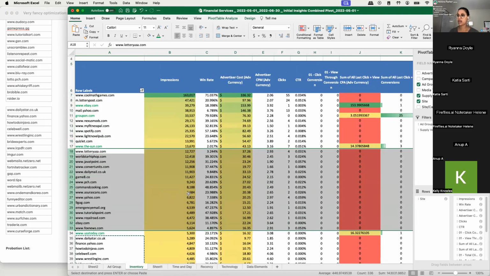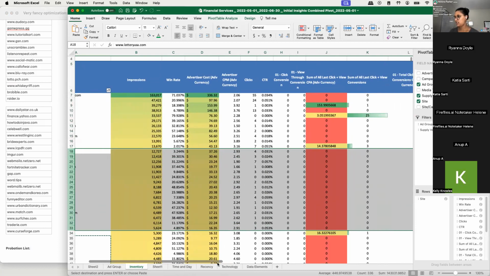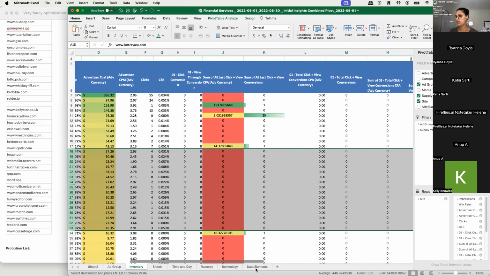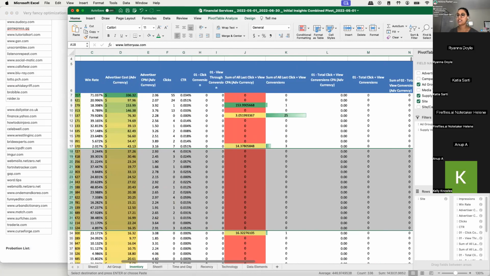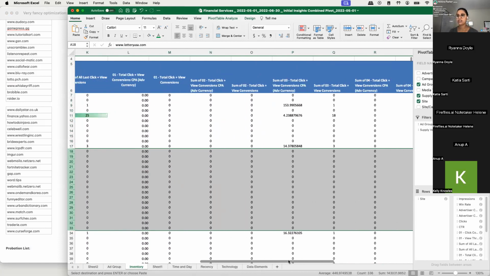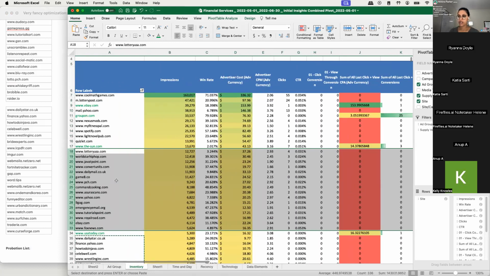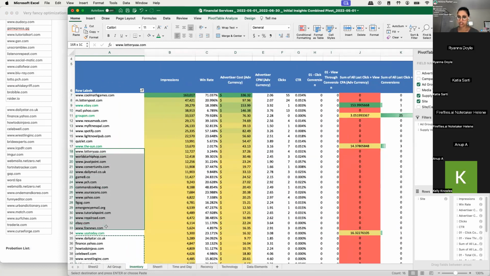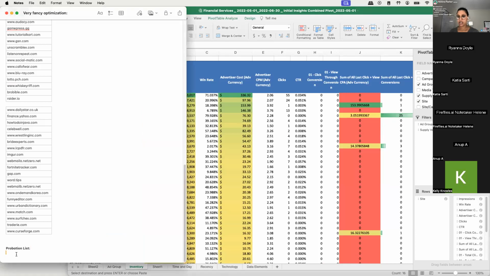And it looks like they have a lot of impressions, and they have a little bit more spend, and maybe CTR is like KPI two and they're above your CTR, and you want to give it a chance. Let's just say, right? You want to give it a chance. So you're going to add this in your probation right here.